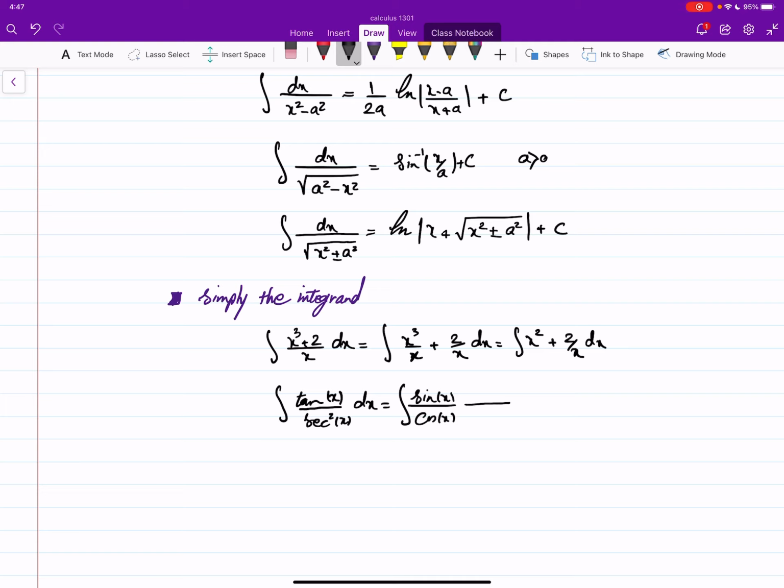And for secant, secant is 1 over cosine. Yes, 1 over secant squared will give us cosine squared x. And that is where you see that the simplification plays a role. So you do get a very simple integral based on what we have learned. So simplification of the integrand is the first step you have to start with, okay?